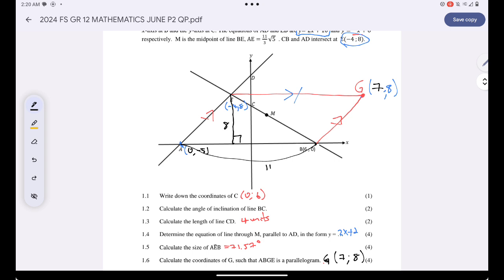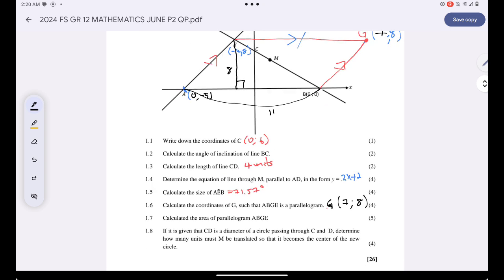Why is it 8 units? Because I'll subtract the y value at E minus the y value at the x-axis, which is 0. So 8 minus 0 will give me 8. Are you together?